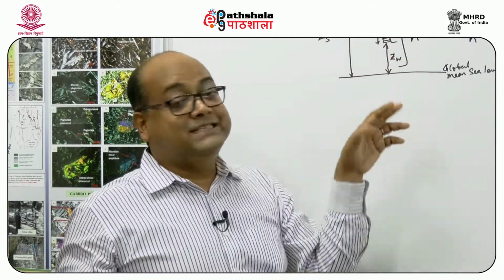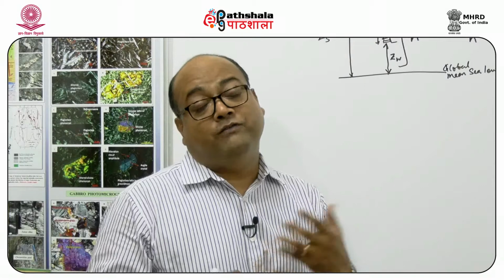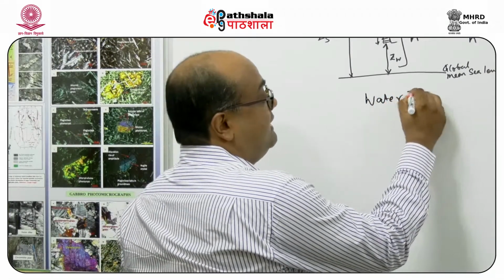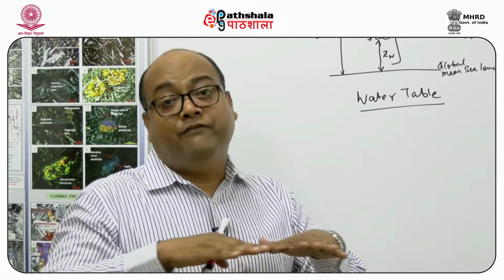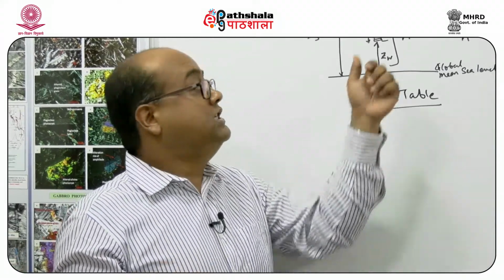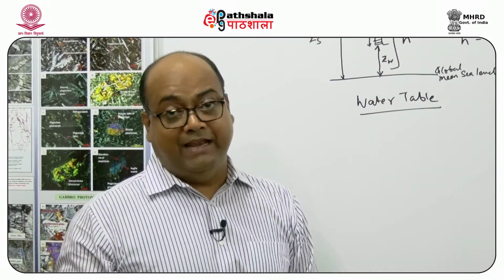If we can join those points, or hydraulic heads, over the entire area, and fit a plane surface on top of that, that is what we call the water table. So what is the water table? The water table is a planar surface which consists of points which are basically the hydraulic head at different points in the area.